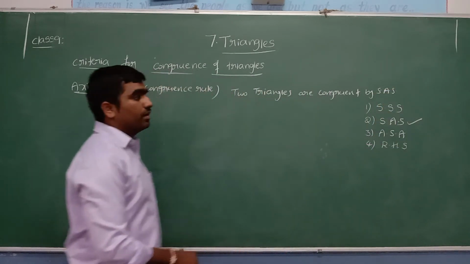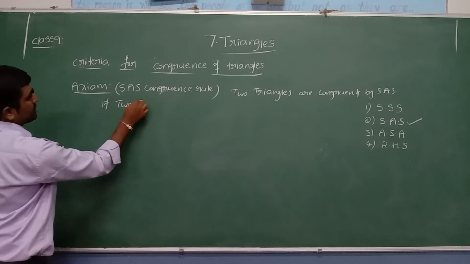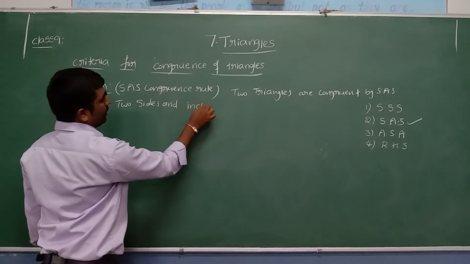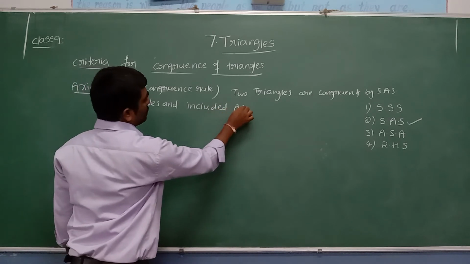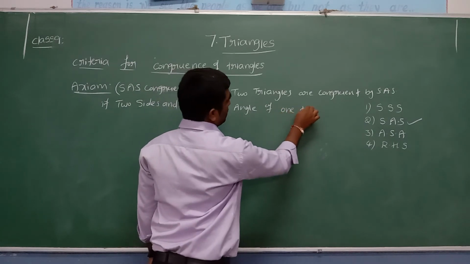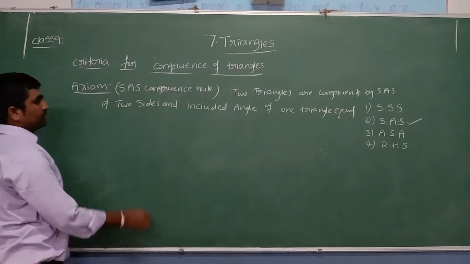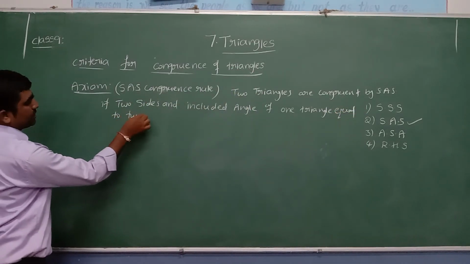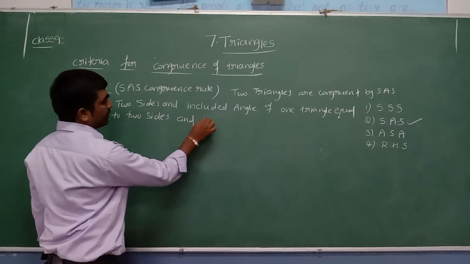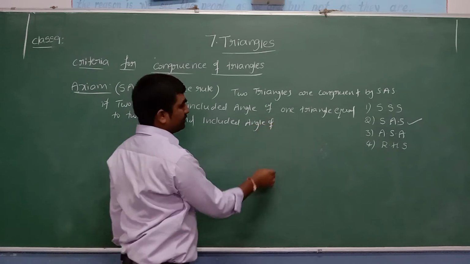Then we can say that if two sides and the included angle of one triangle are equal to two sides and the included angle of the other triangle, then the triangles are congruent.